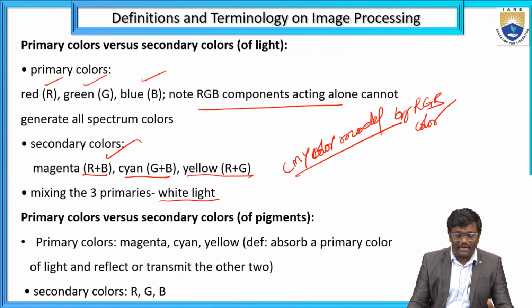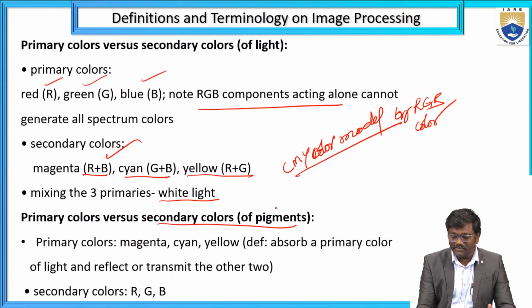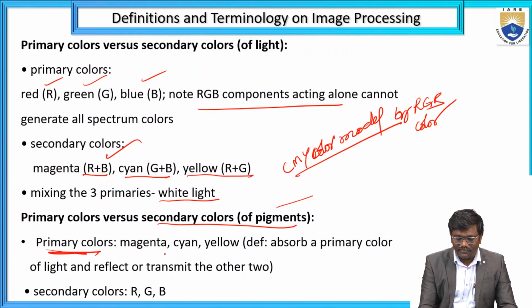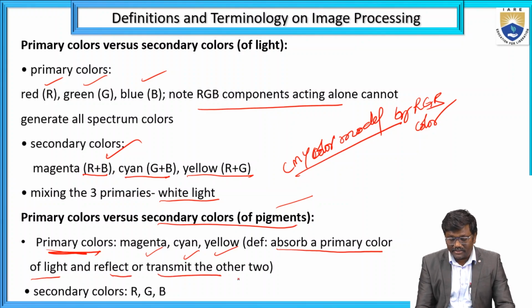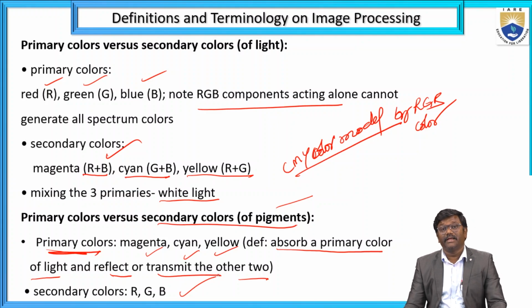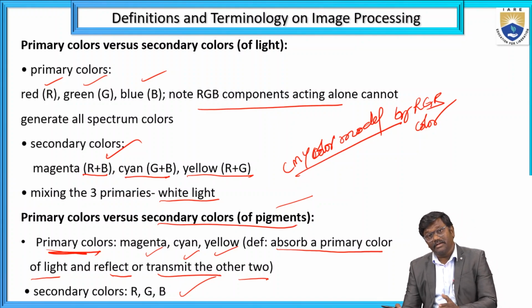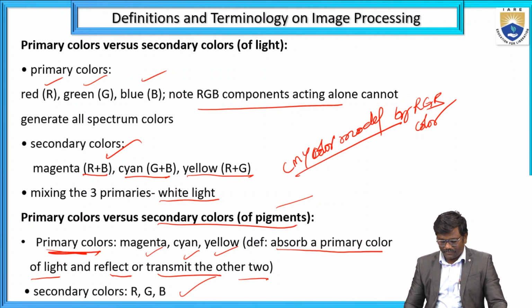Coming to primary versus secondary colors in terms of pigments, we say the primary colors of pigments are magenta, cyan, and yellow. By observation, they absorb a primary color of light and reflect or transmit the other two, which are the secondary colors, in terms of transmitting the other RGB colors.